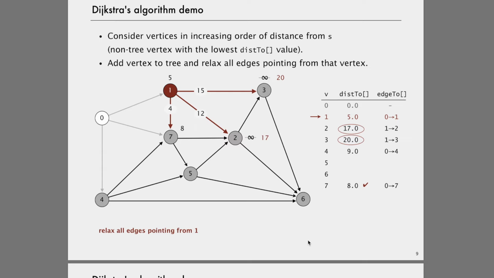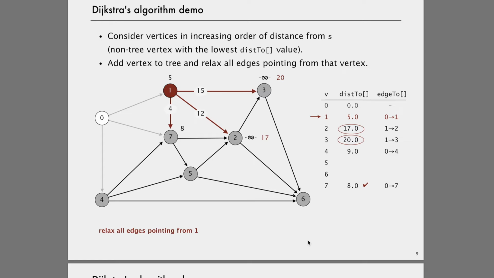So in this case, if you go from 1 to 4, then we look at 4. We know a path of length 9. And 1 to 4 doesn't give us a shorter path, so we leave that edge alone. 1 to 3 gives us a shorter path to 3, which is going to be 20, because you went from 0 to 1, and then 1 to 3 is length 20.